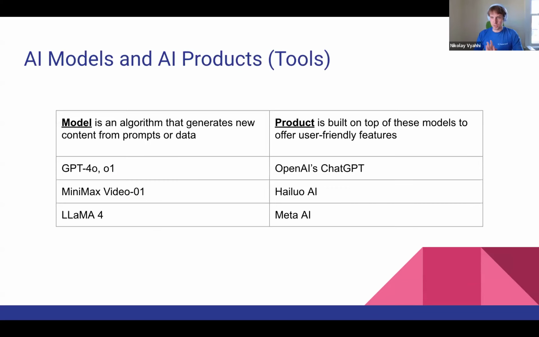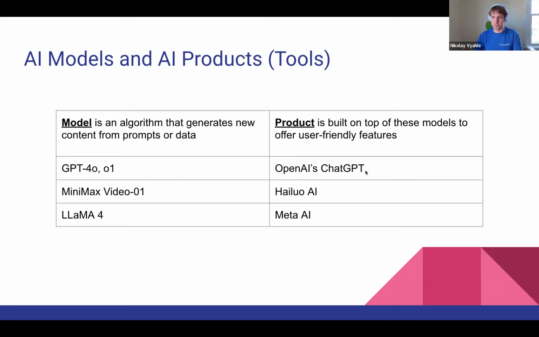And I would also like to distinguish the model and the product. A model is usually an algorithm that generates new content from prompts or data. For example, GPT-4o1 is a model, so it's an algorithm. It has some input, it gives you some output. And products are usually built on top of these models and offer user-friendly features.